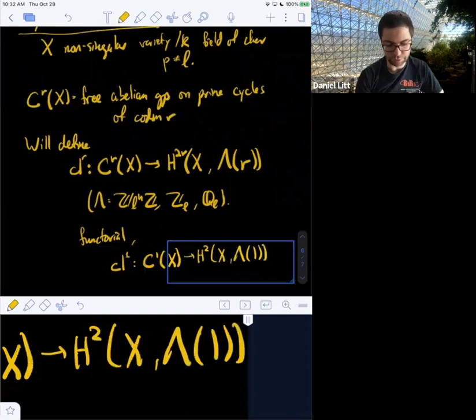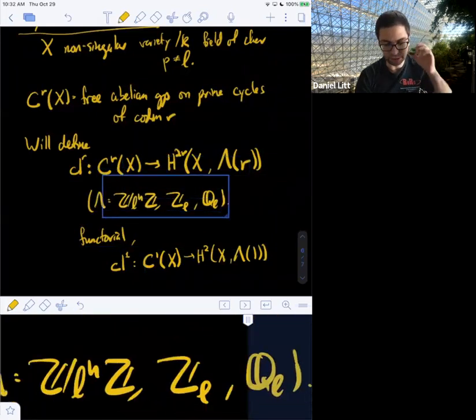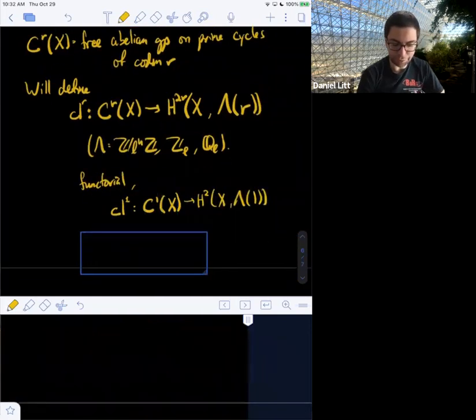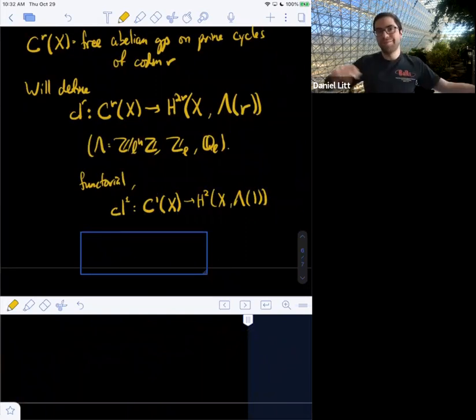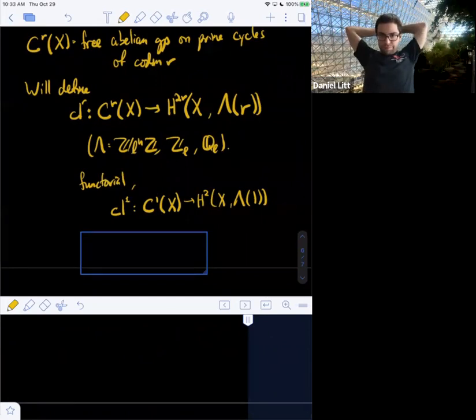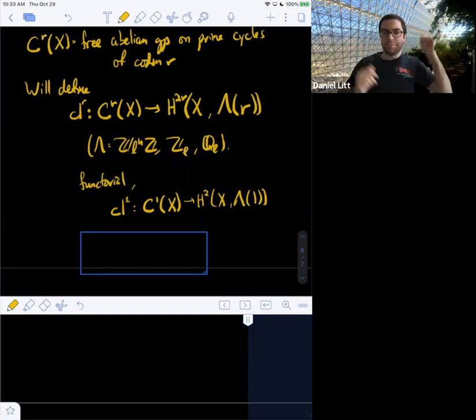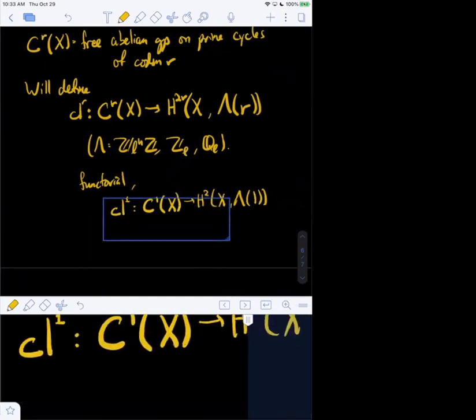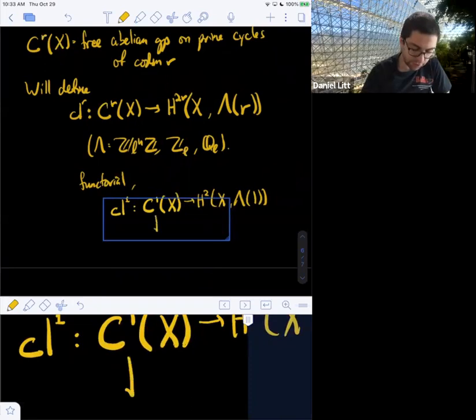If lambda was Z mod L^N Z, this twist is just mu_{L^N}. So can anyone tell me what this is going to be? I claim we've already seen this. Is this going to come from the exact sequence we had on G_m? Yeah, exactly. It's going to come from the Kummer map.